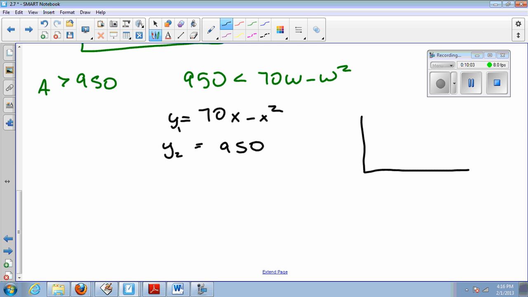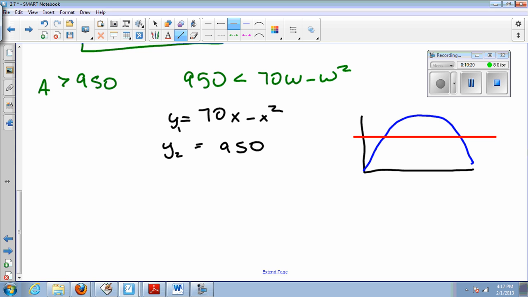So our curve will look as such, and then we will have our straight horizontal line at y equals 950. We need to find out where these two lines intersect, and those would be our solutions.